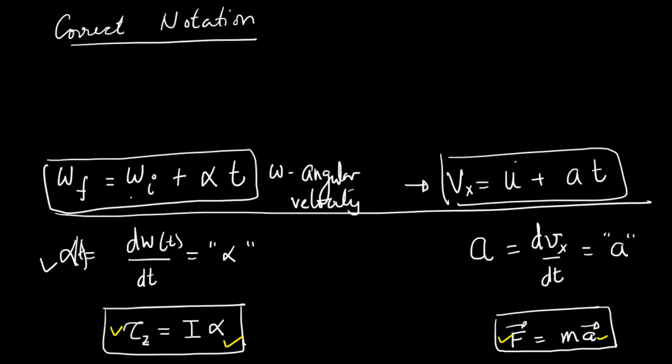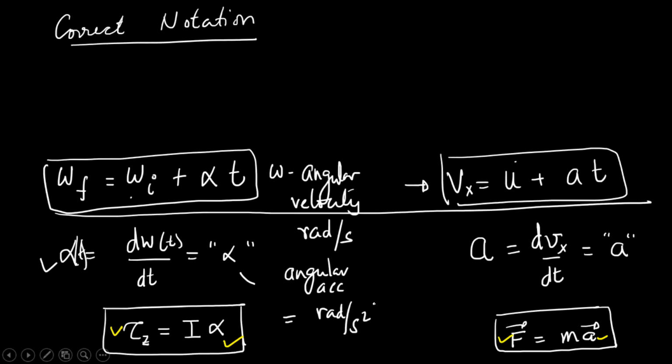I think that you should always write the unit just to make sure. Alpha is angular acceleration, not rotational acceleration, which is equal to radians per second square. And now you go backwards one last time and say x final minus x initial, and you know what x final means, you know what x initial means.